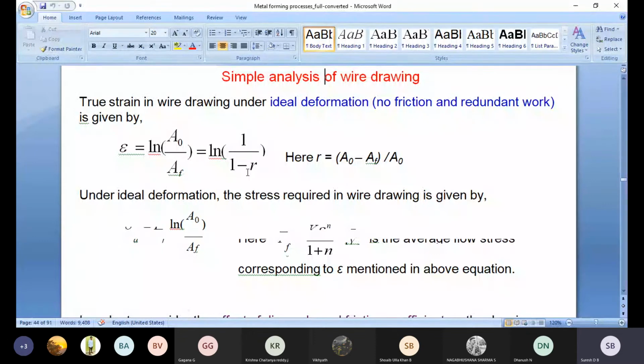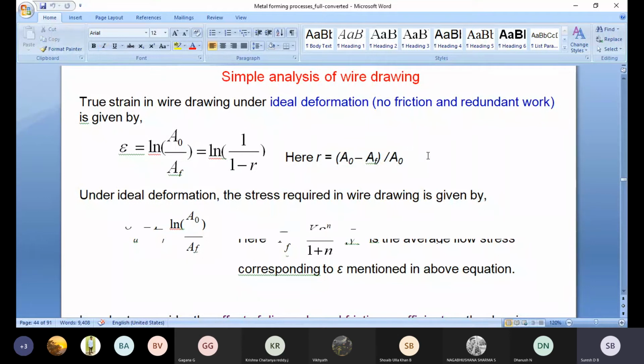In material testing lab, when you use this type of formula, r is the percentage of reduction in area. In that case you multiply by 100: (A0 - Af)/A0 x 100.